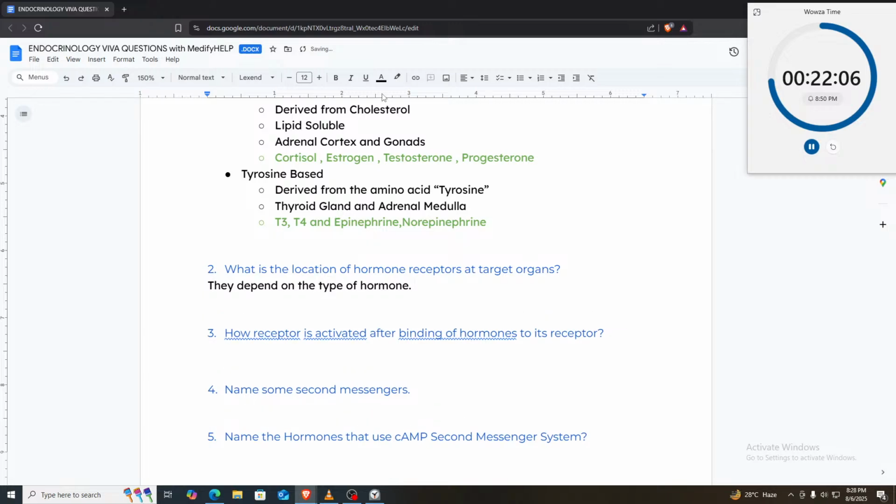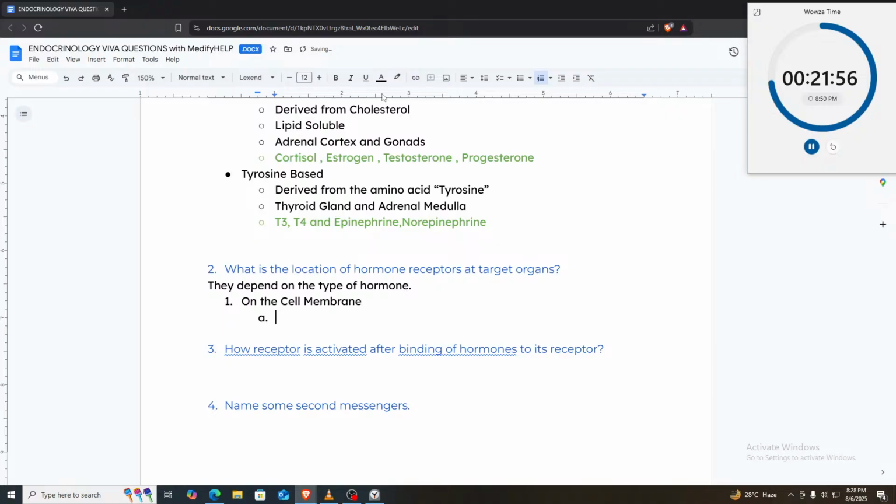So let's say I say on the cell membrane. My point would be that they're basically protein and peptide hormones, and even those epinephrine, norepinephrine ones, catecholamine hormones.